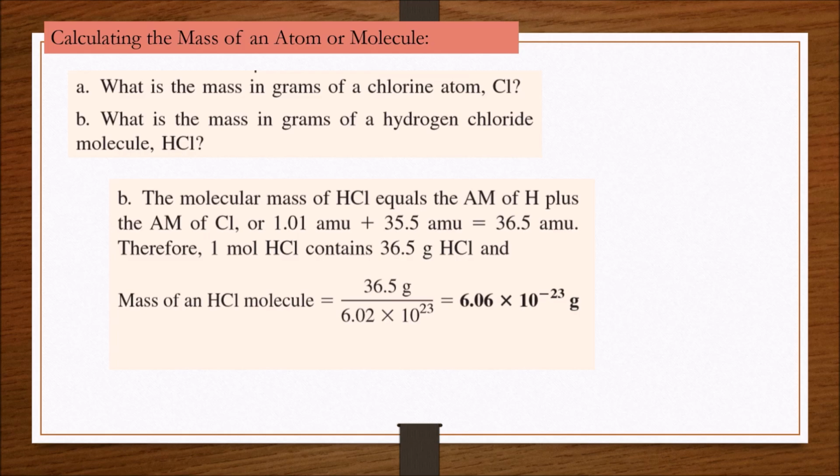Therefore, 1 mole of hydrogen chloride contains 36.5 grams of HCl, and the mass of an HCl molecule is simply 36.5 grams divided by Avogadro's number, 6.02 times 10 to the 23. Then you will have 6.06 times 10 to the negative 23 grams.